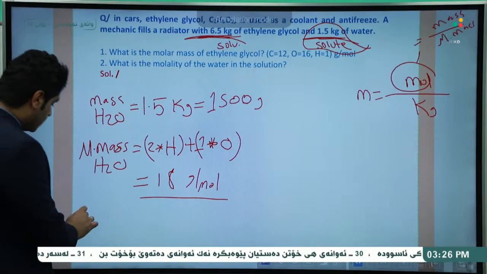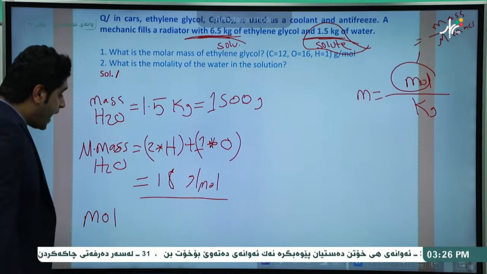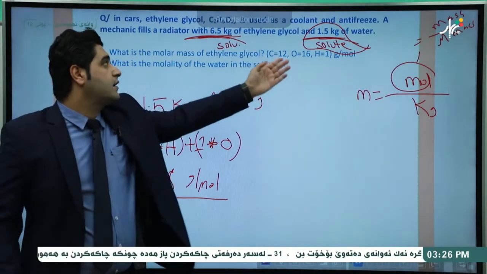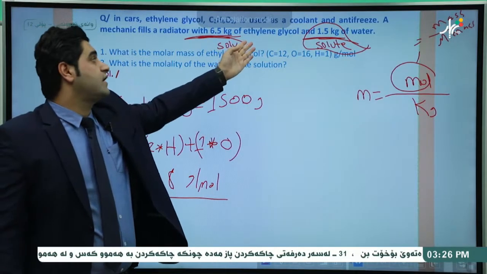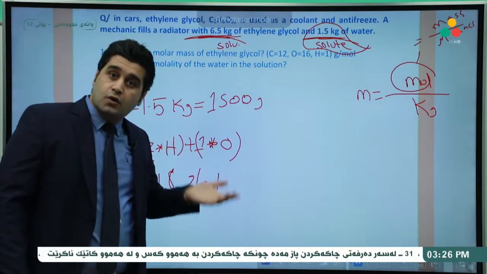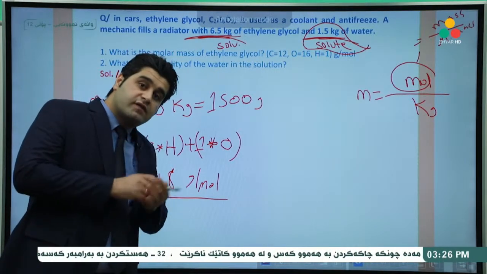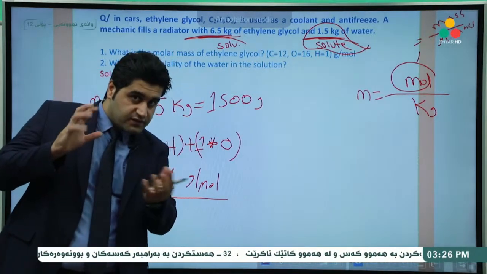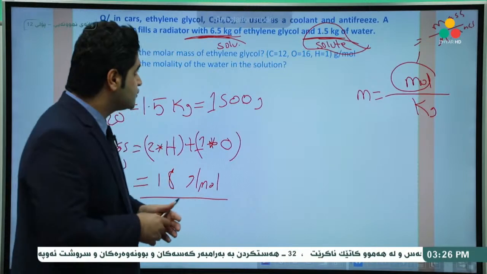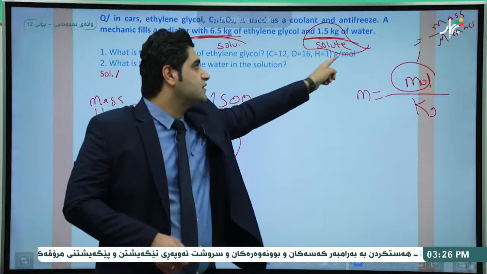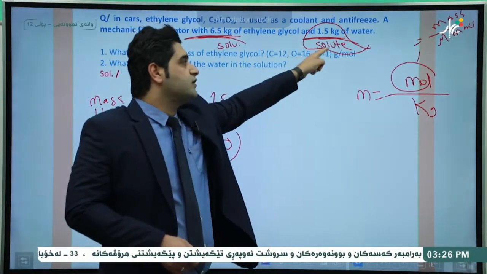Now we have the value of molar mass, so let's find out the number of moles. Why do we calculate molar mass for water instead of ethylene glycol? We calculate molar mass to find out the number of moles, and moles are for the solute. Which of them is the solute? Water.